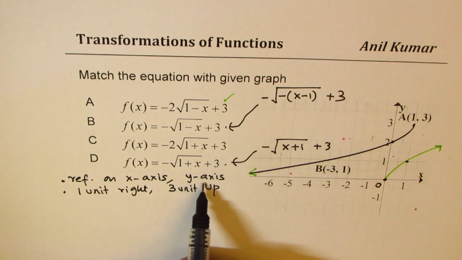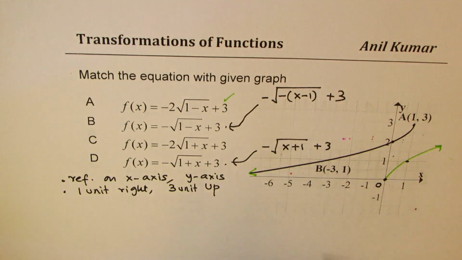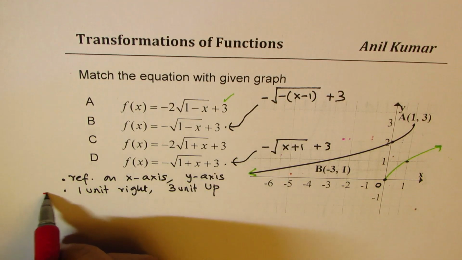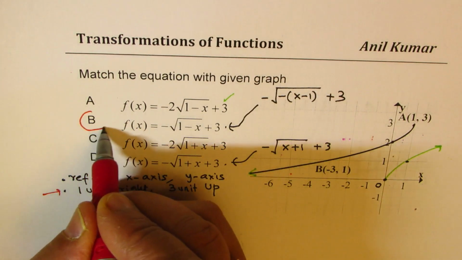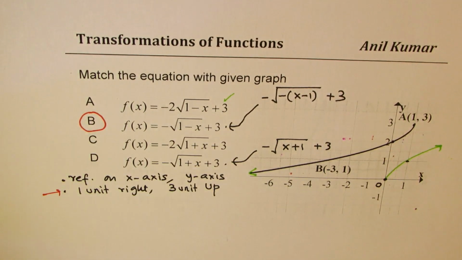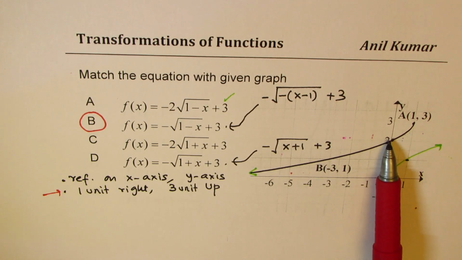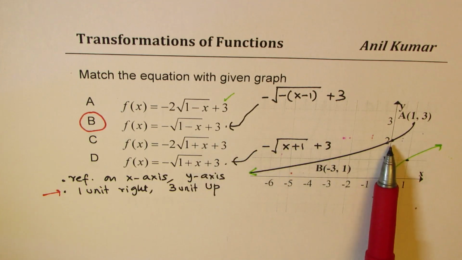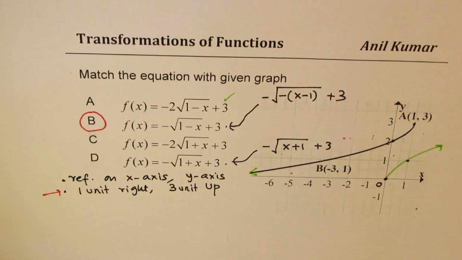This means reflection to right. Perfect. So as per the reflection, we get option B as the right option. You get an idea, right? So that is how you could match it. I hope it makes sense. You could also substitute value 0 and calculate. You will get 2 as the y-intercept.